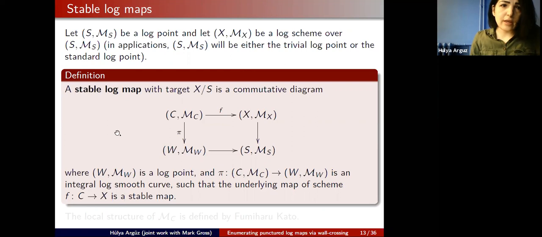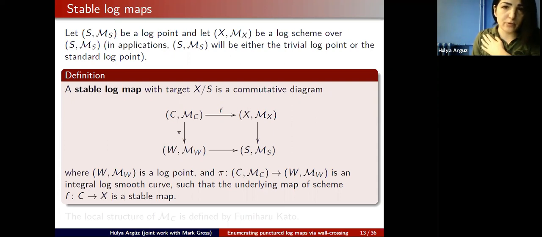We are looking at S, a log point which we had mentioned, and X, a log scheme over S. In applications, S will be either the trivial log point or the standard log point, which means in applications you can look at absolute invariants, or you can look at degenerations, and you can look at invariants of the central fiber of a degeneration, in which case your S will be the standard log point. So there will be a difference in the setup you're working with, depending on what you take S to be.